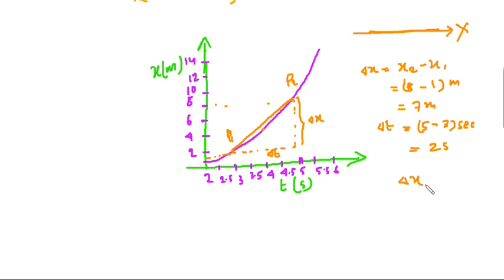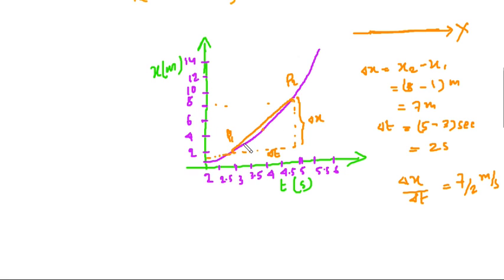It is delta x by delta t, that means 7 by 2 meter per second. So this is the average velocity from 3 second to 5 second, or from 1 meter to 8 meter: 7 by 2 meter per second.